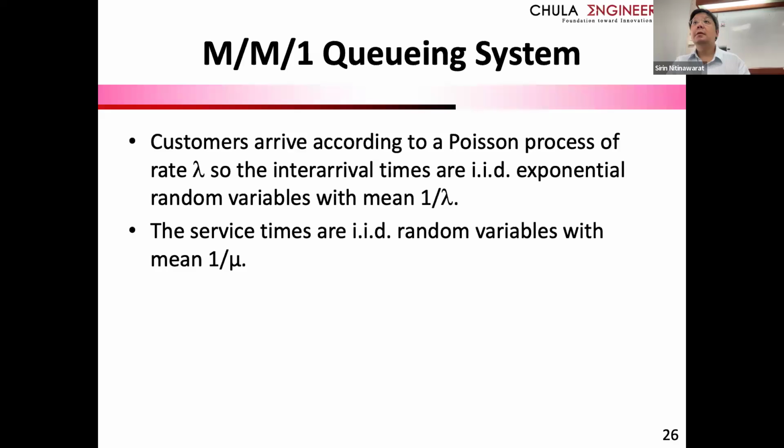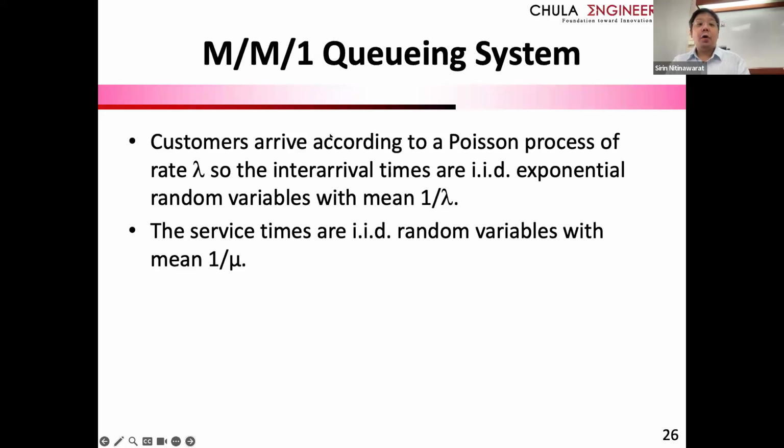Again, the notation M stands for what? Memoryless, right? As we already discussed last week, the Poisson arrival process is memoryless. You can think of it as memoryless because the inter-arrival times are exponentially distributed.